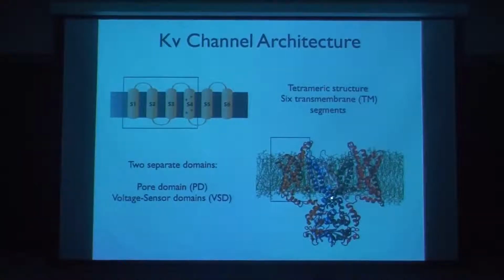The channel itself is extremely selective for potassium ions in this case. They are selected over sodium ions to a very high degree, namely by a factor of 10,000, and that belies the difference of sodium and potassium.